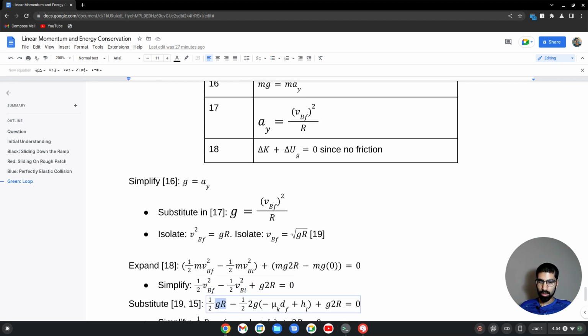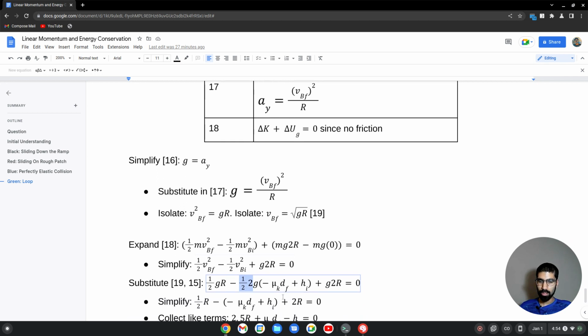Over here we just end up with gr. Over here we have this complicated mess. We're going to divide everything by g, and these two things cancel out, 1/2 times 2, so we have 1/2 r, and then the stuff up front is cancelled out here, and then we're left with 2r because we divided out g.